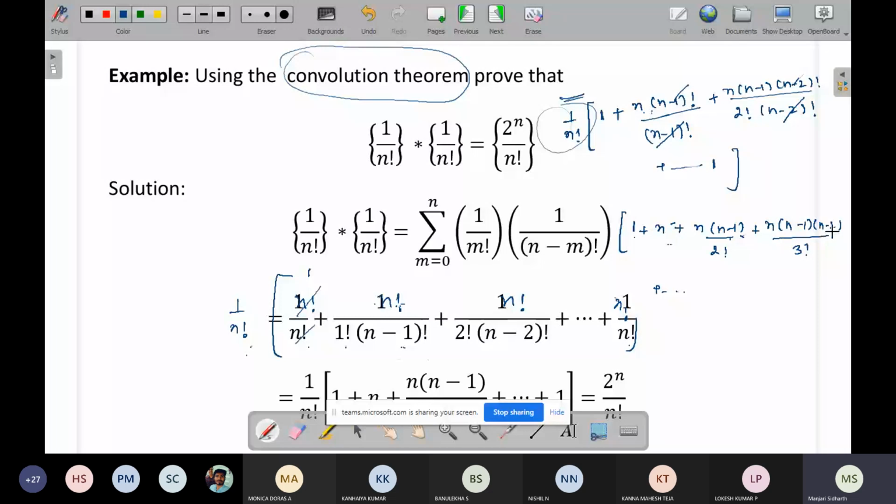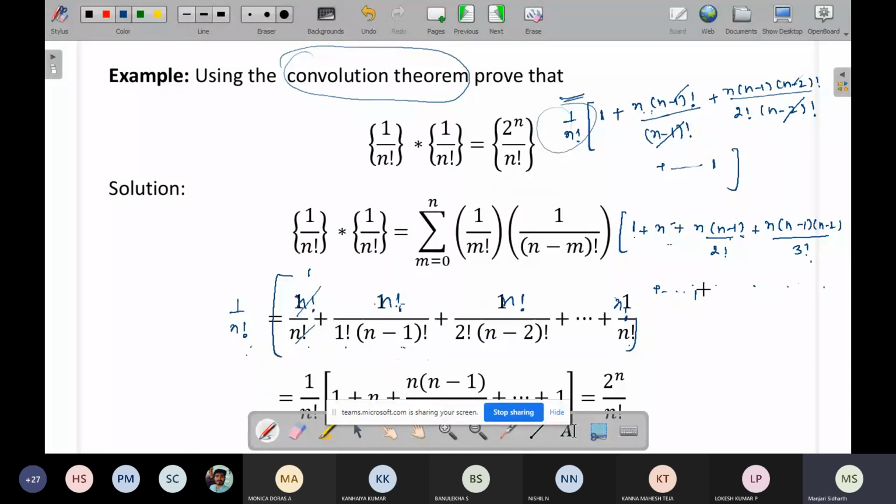So you will get n minus 1, n minus 2, up to n minus n, and that n minus n will be cancelled out, and you will finally simply get 1. So in the last you will always have 1 only, right?